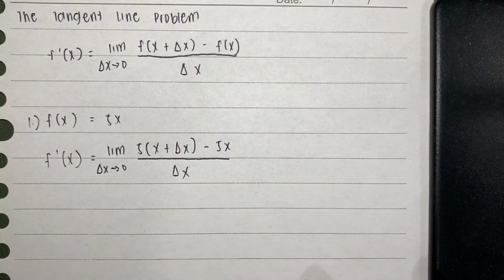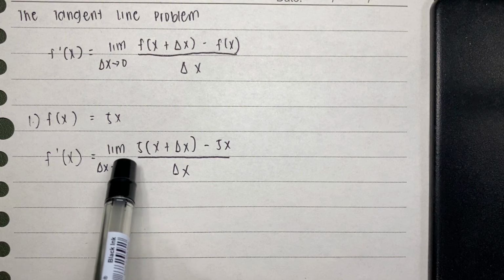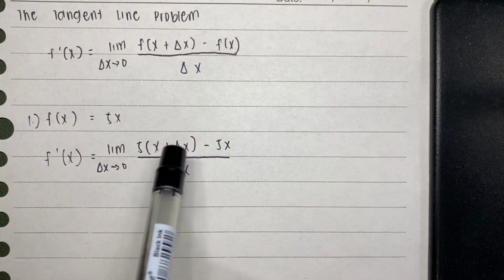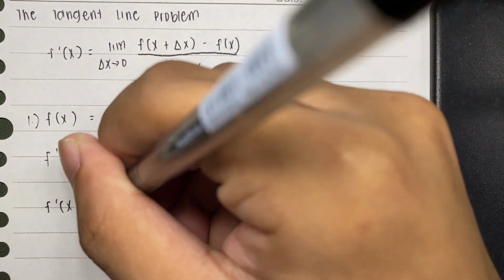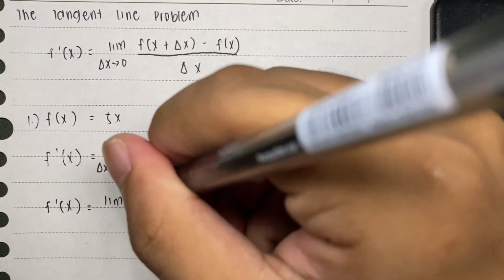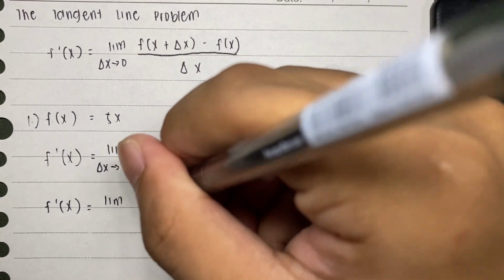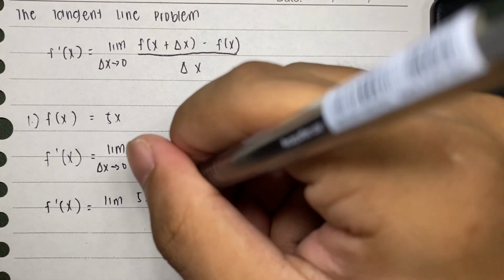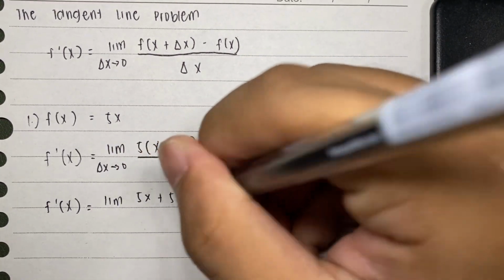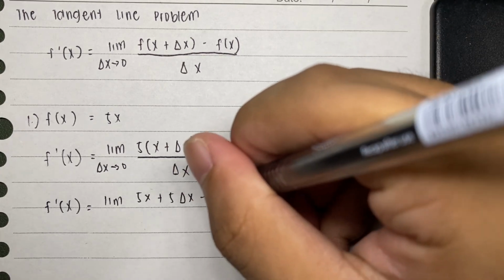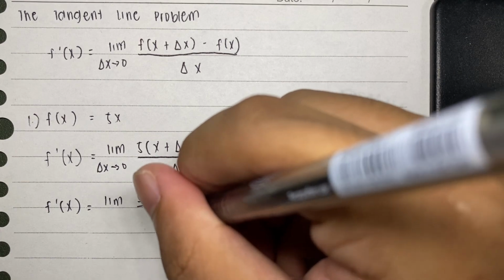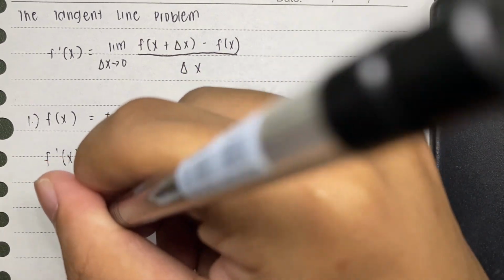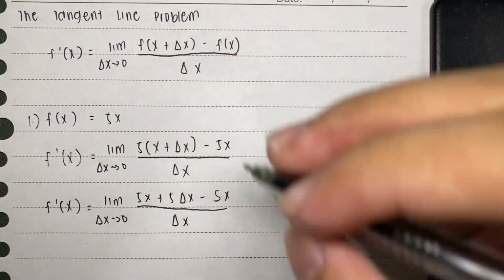So the next step that we're going to do is distribute the 5 to these two terms. So f prime of x is equal to the limit of 5x plus 5 delta x minus 5x all over delta x as delta x approaches 0.